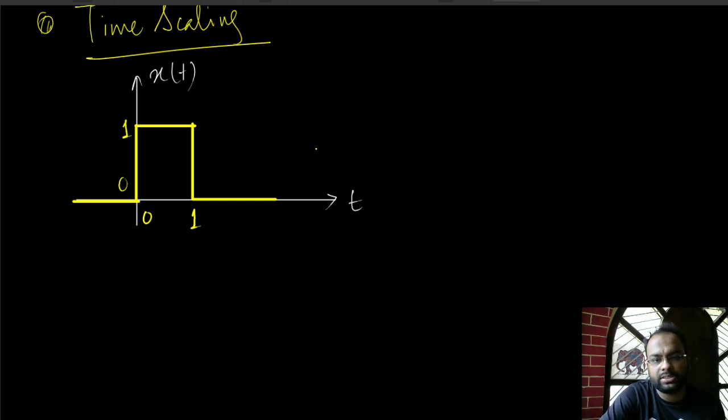This is a very simple example of a signal where the signal's value is 1 between time 0 and 1, and beyond those time limits, the signal is 0.